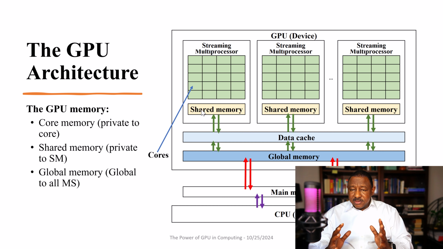All these multiprocessors also share a common memory, which we call the data cache. And all these data caches can write to global memory. So global memory can be accessed by all threads or all blocks, but shared memory is accessed only within a multiprocessor.